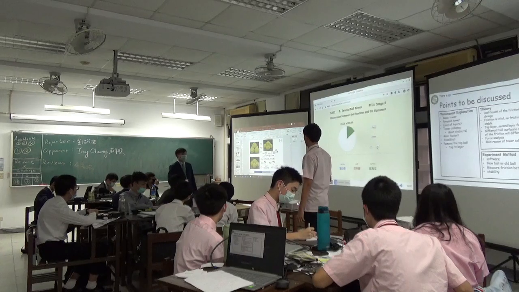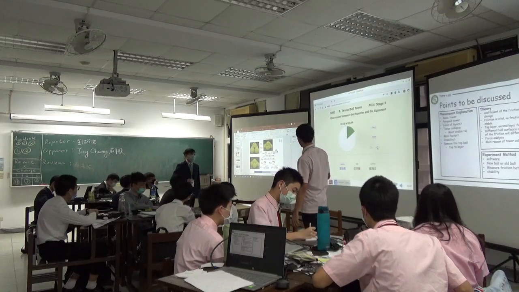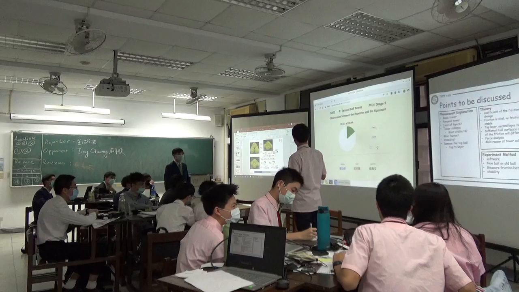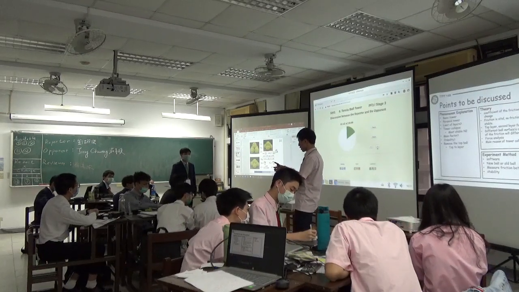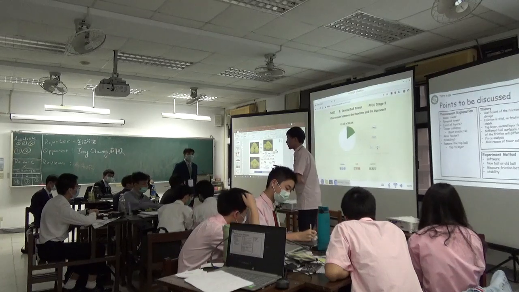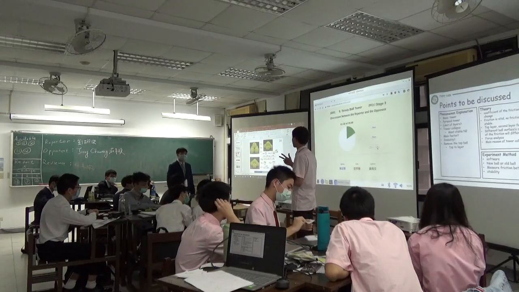I didn't do it, but I think I can do it in future. Yes, because what I believe is because you said that the best three ball per layer tower you can do is 8 layers, right? Yes.